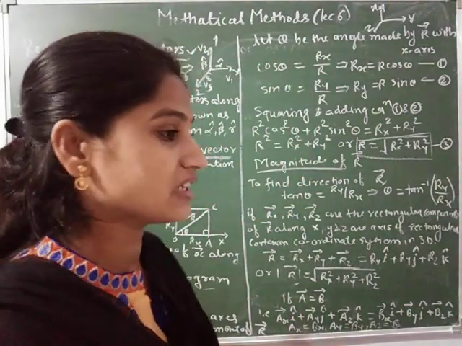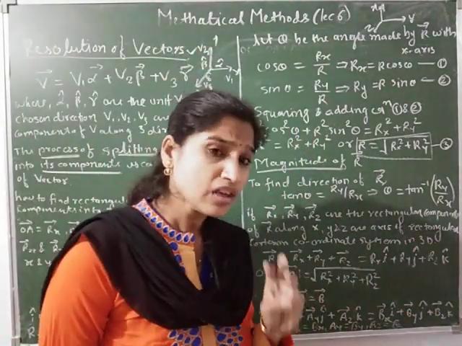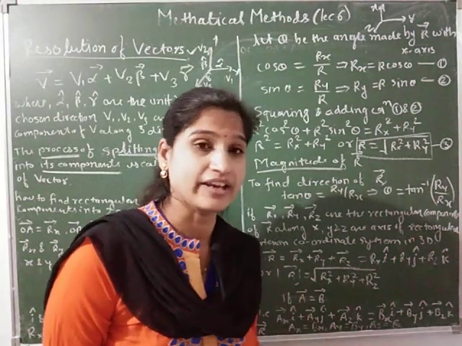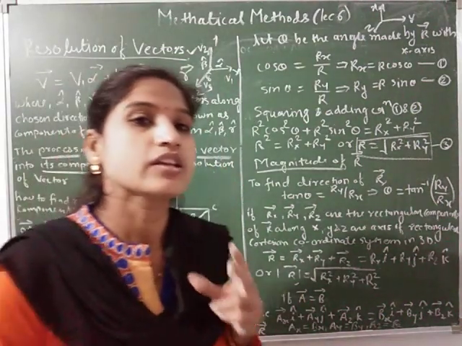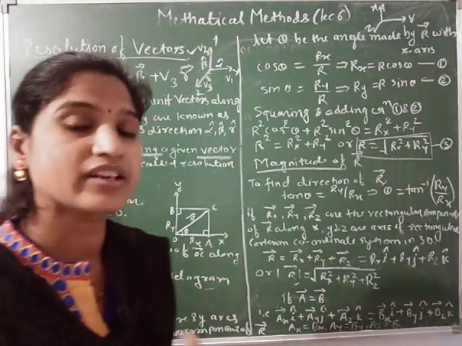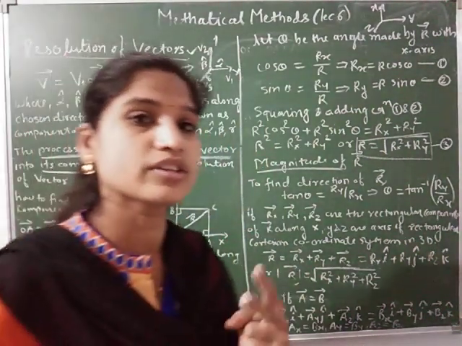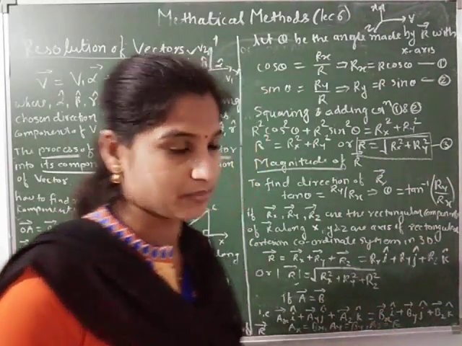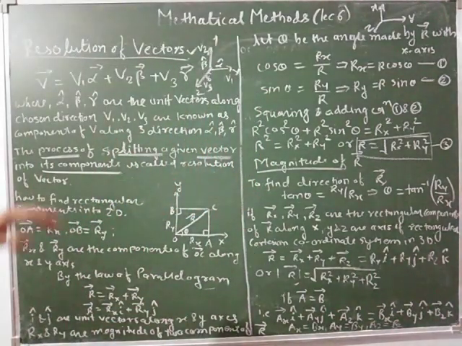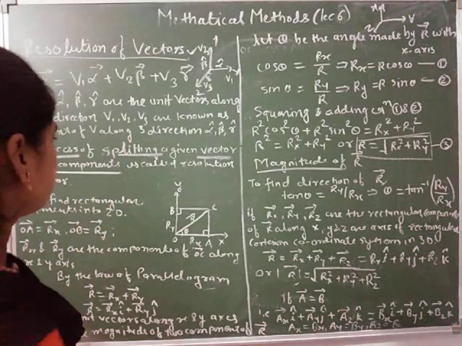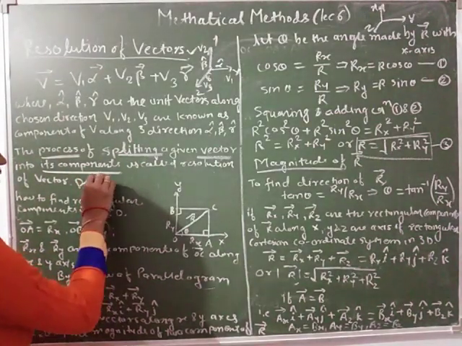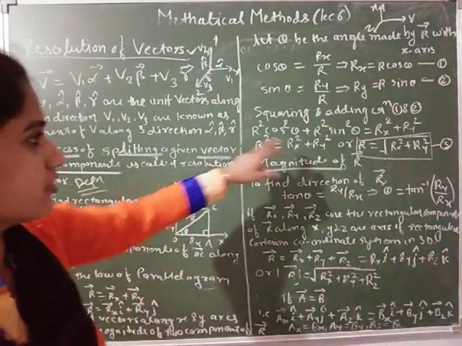Here we have seen how we can write vectors in a 2-coordinate system or 3-coordinate system, in two dimensions or three dimensions. This is the definition of splitting of vectors, and this is the magnitude.